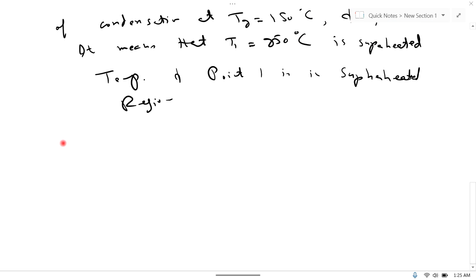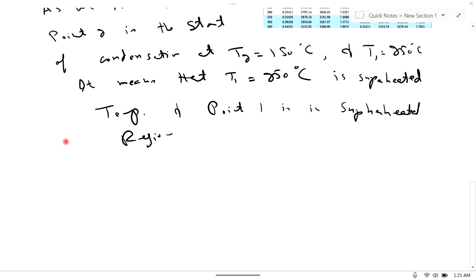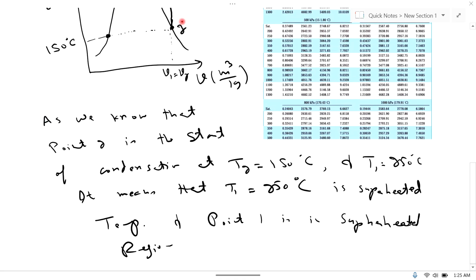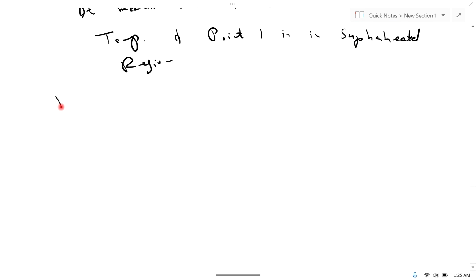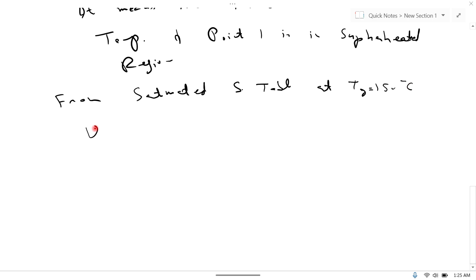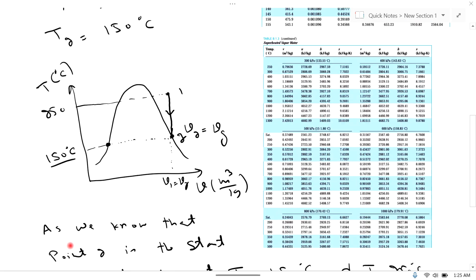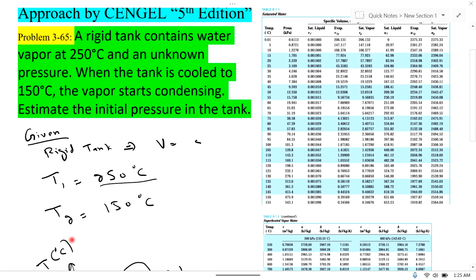Now the volume is constant, so I can easily find V2, because at this point V2 is equal to Vg at 150 degrees centigrade. So from the saturated steam table, at temperature T2 equal to 150 degrees centigrade, volume V2 is equal to Vg, which we check in the saturated steam table.